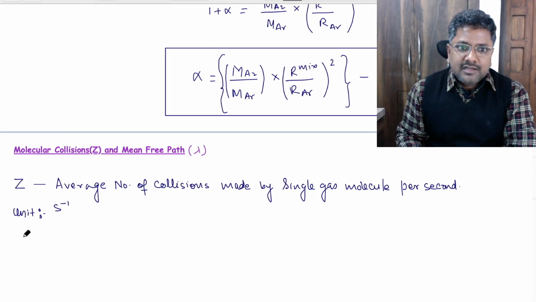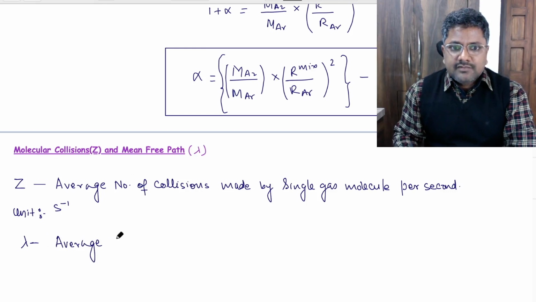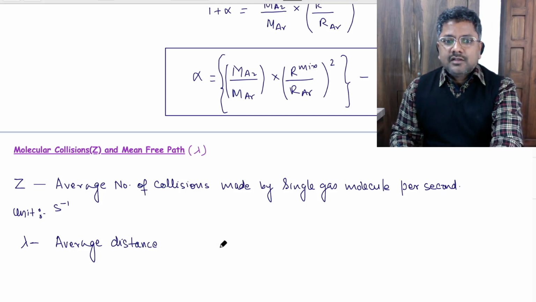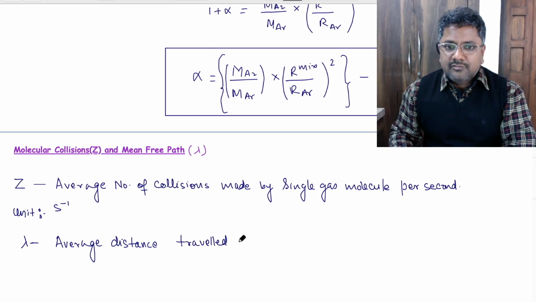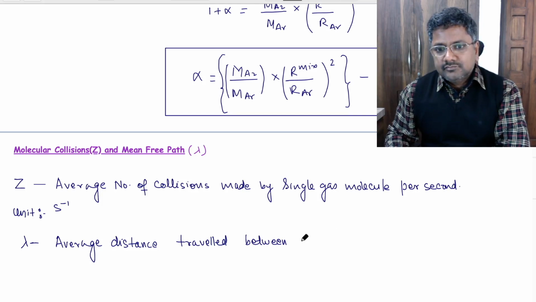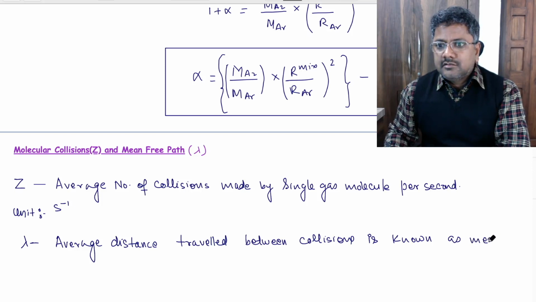What does this mean free path? Lambda. It is defined as the average distance traveled between collisions, or between two successive collisions, we can say, is known as mean free path.